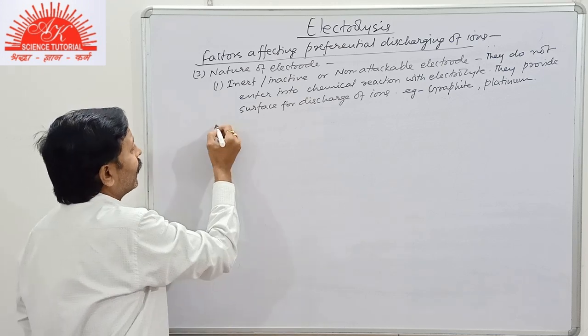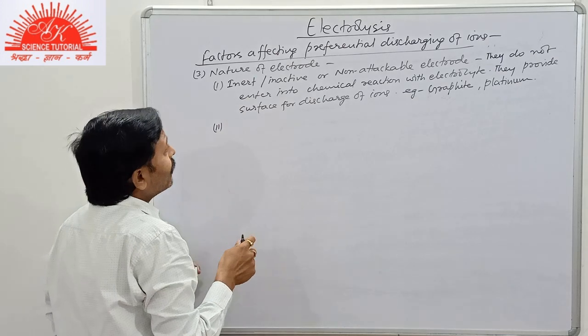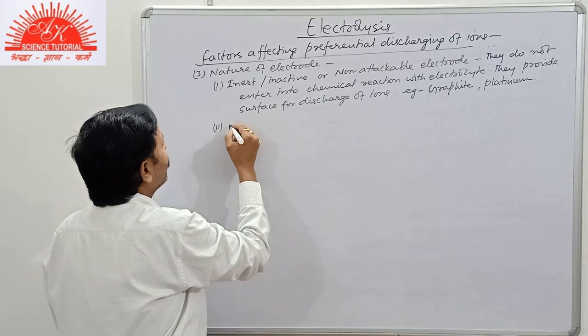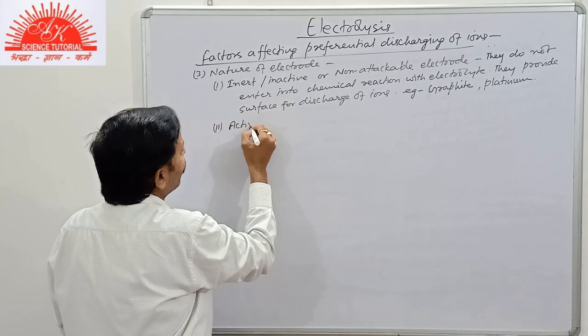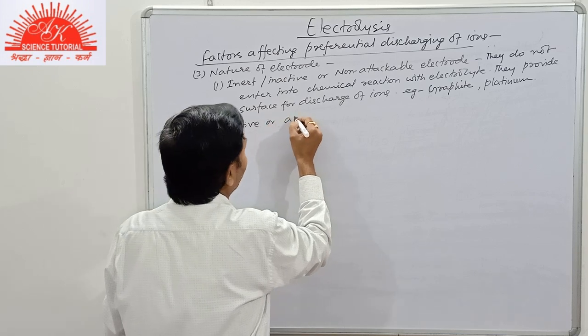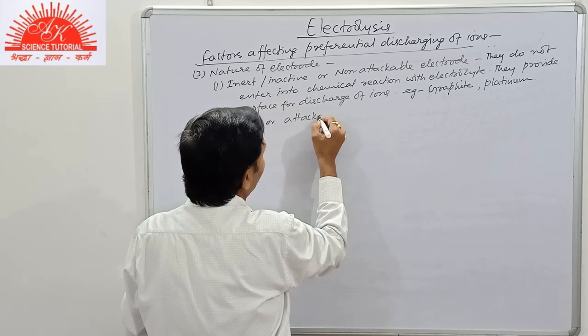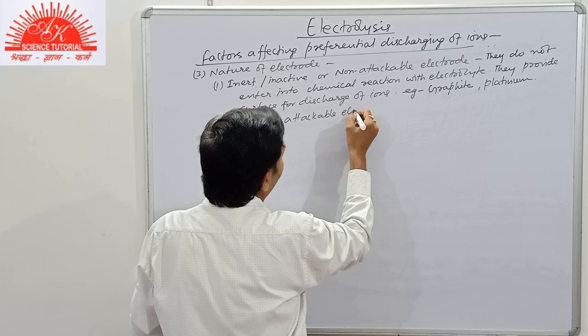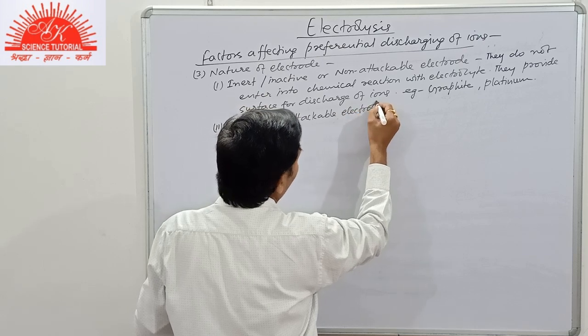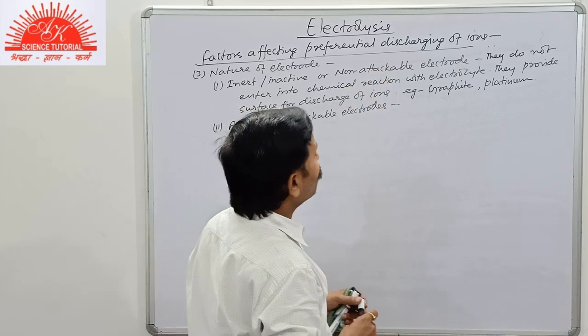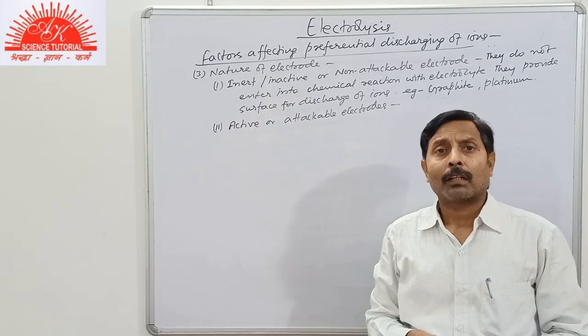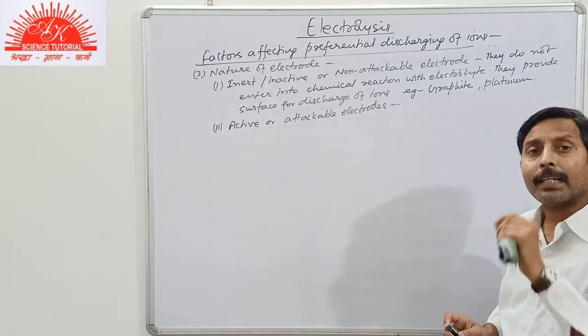Now, the second one. Second is the active or attackable electrodes. Opposite to non-attackable, it is attackable, it is active.